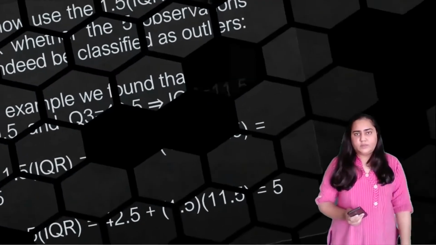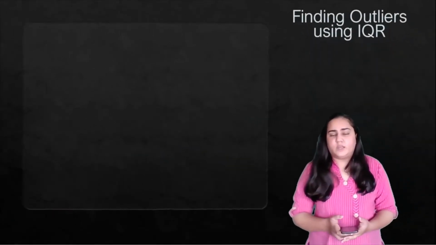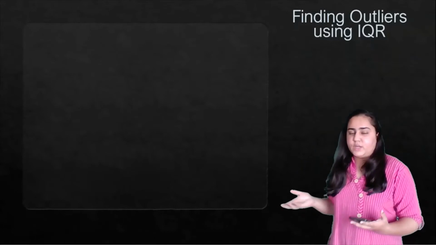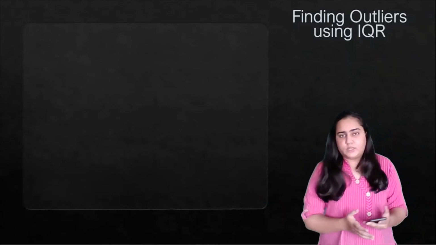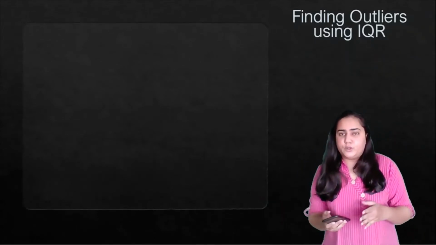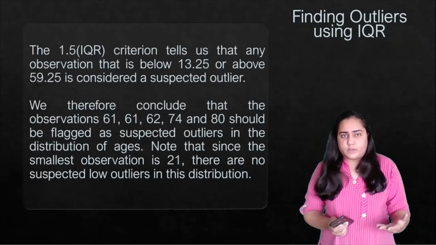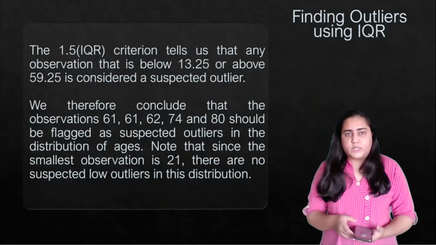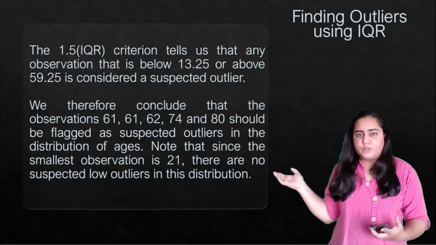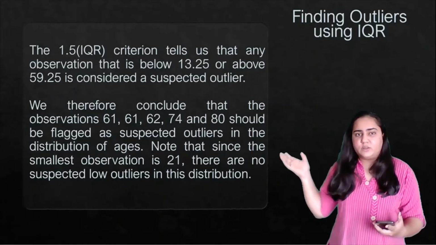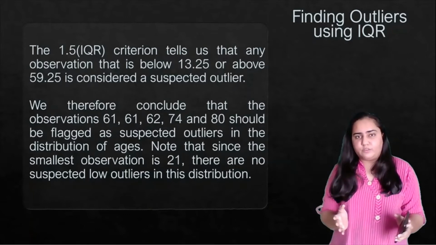Let me show that to you. Now from the histogram, we found out that those values right there, which were not belonging to the group, which were not close to everything else in the histogram, could be outliers. But in this case, we are going to see the outliers based on this range that we found.